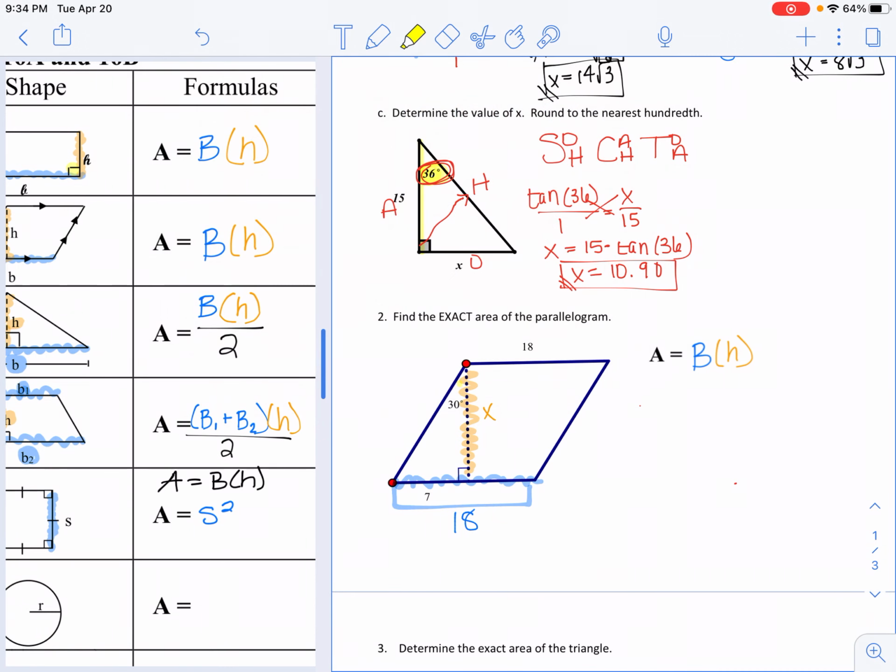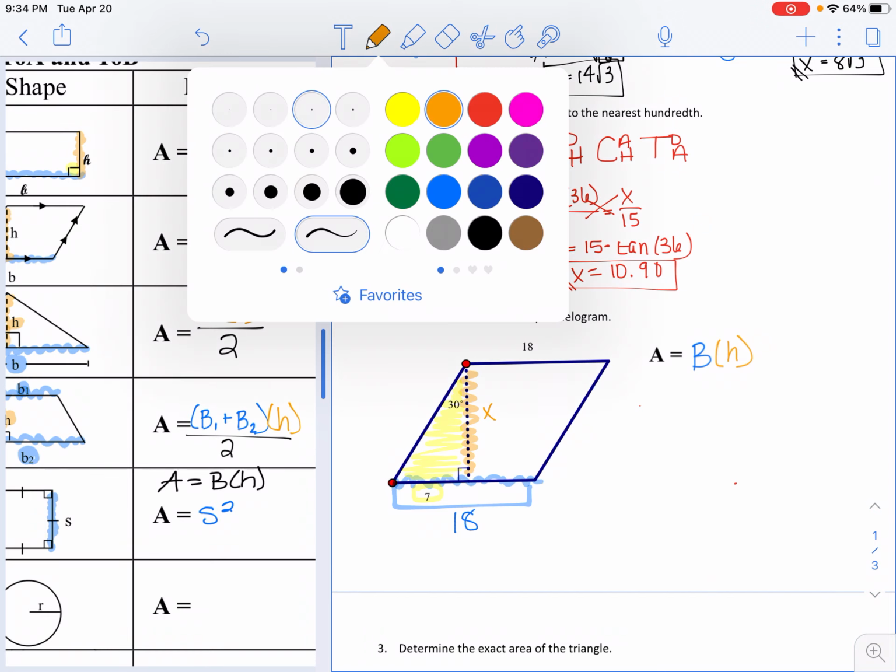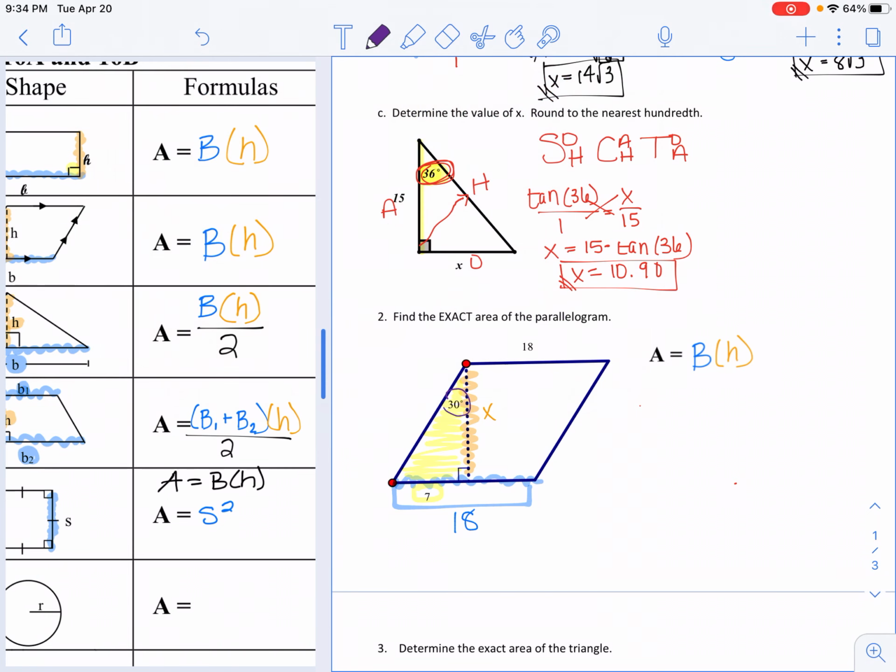We're going to spot that right triangle in there. So this 7 is important because it's the side length of a right triangle, but it wasn't necessarily the length of the base. So we're going to use that now. When I'm looking, I see that I have a 30-degree angle.